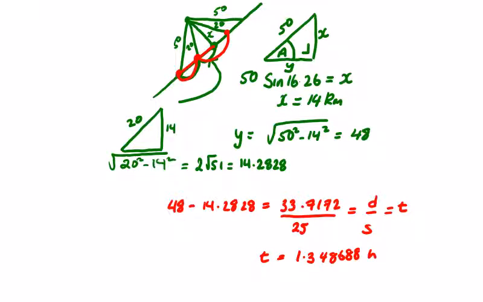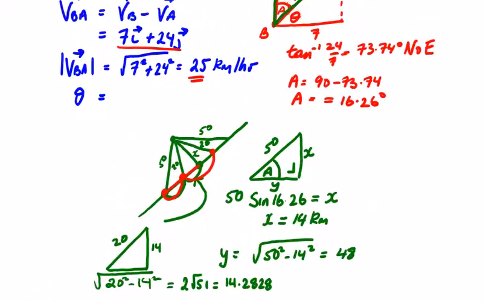And to convert that to minutes, we're going to get 1 hour and 20.92 minutes. So 1 hour 21. So noon plus 1 hour 21 is 13:21. They can begin to exchange signals.